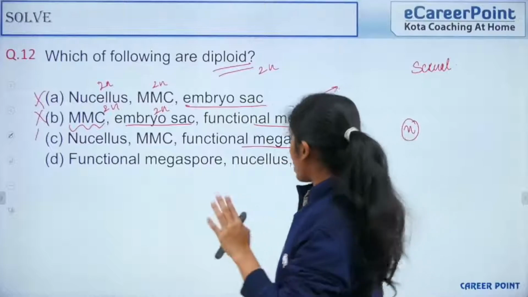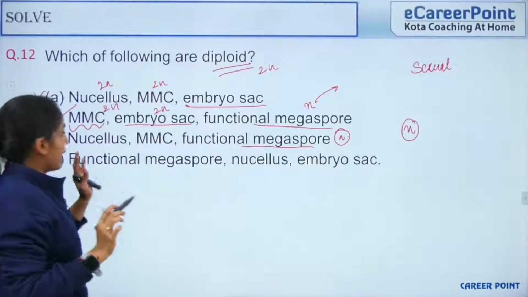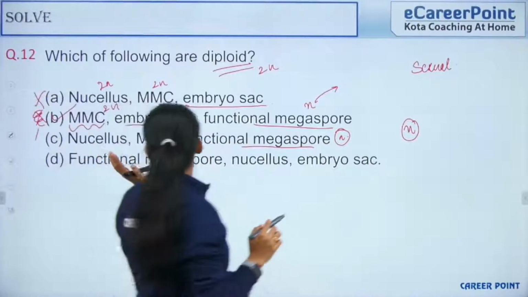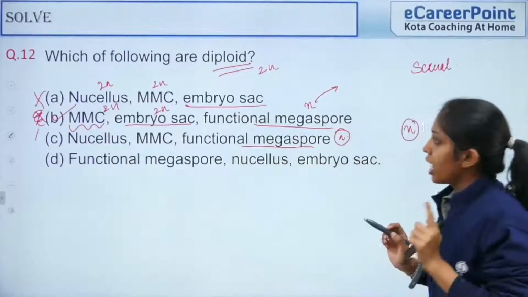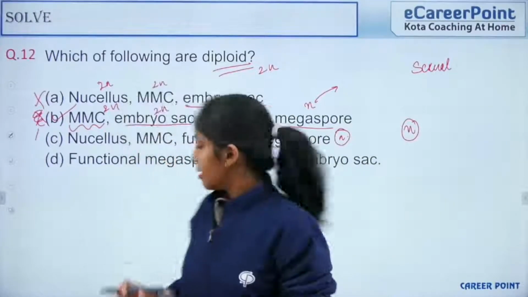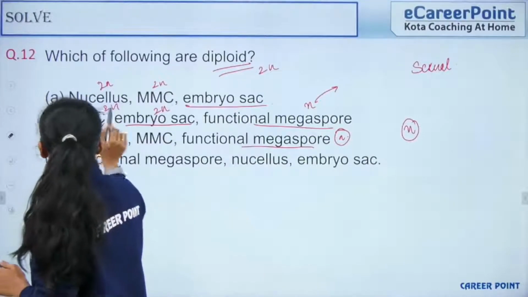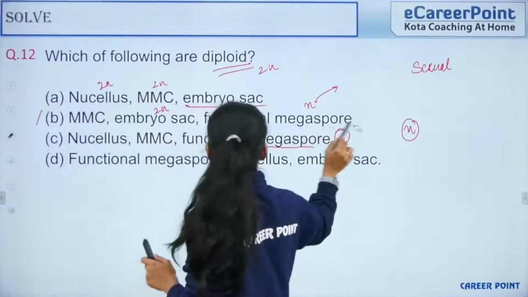So here the most approximate answer would be option B. Because, which of the following are diploid? Did you understand the logic here? Yes? Sorry, wait. I'll explain once again.